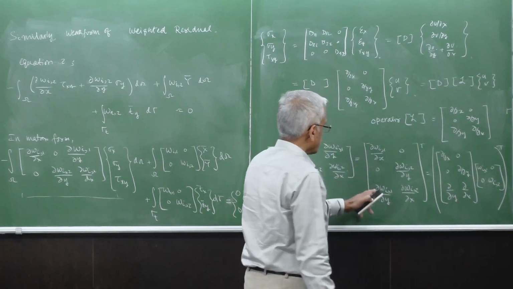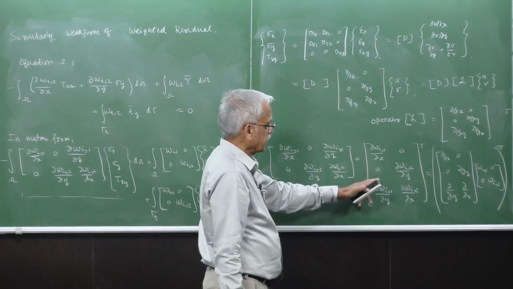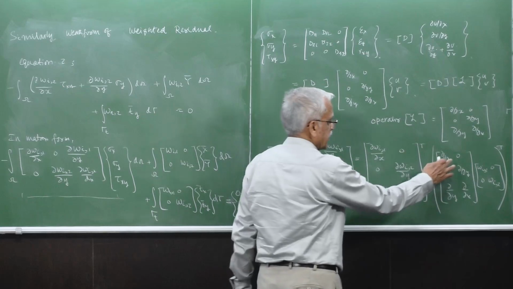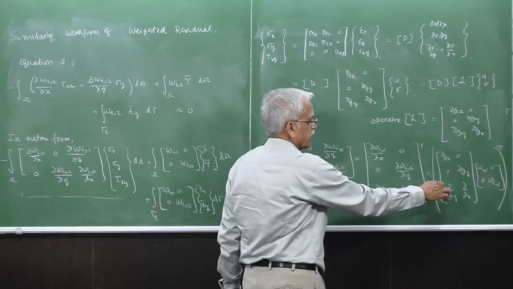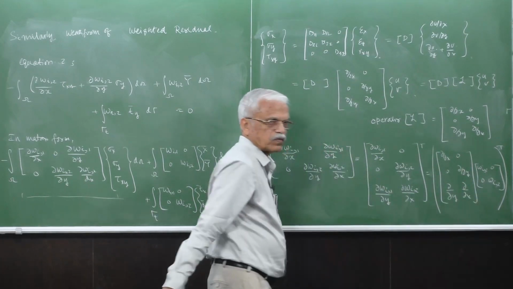So the whole thing here, this 3 by 2 thing, can be written as this operator operating on this 2 by 2 matrix.